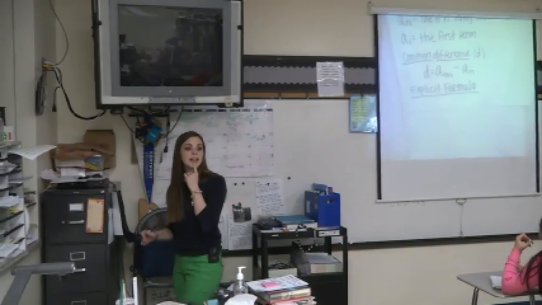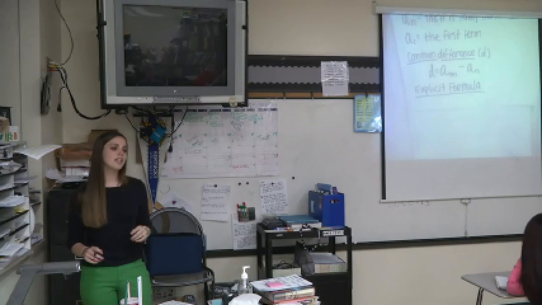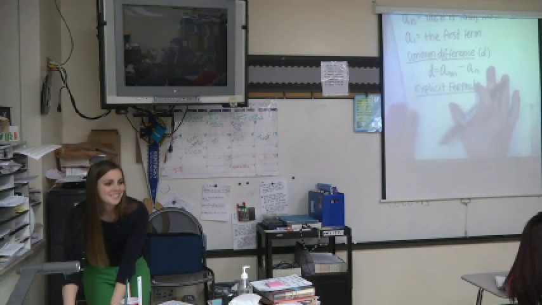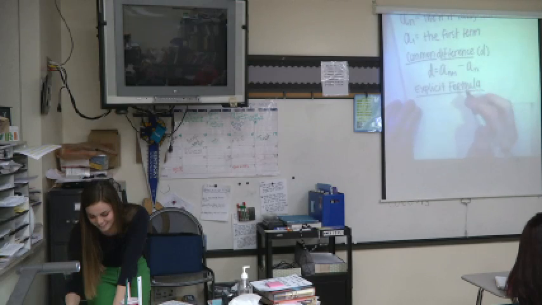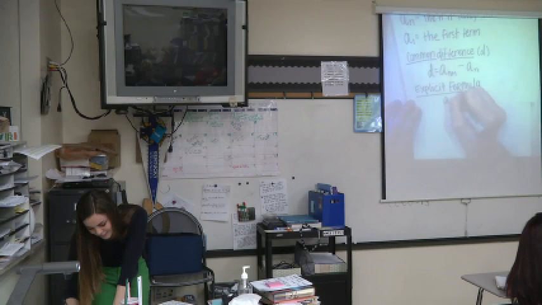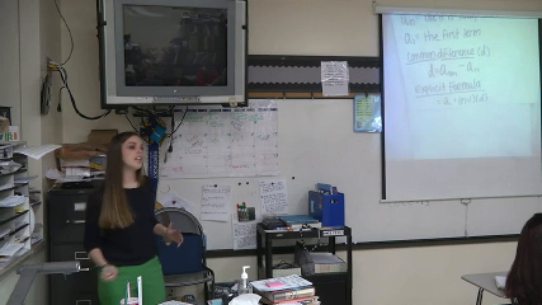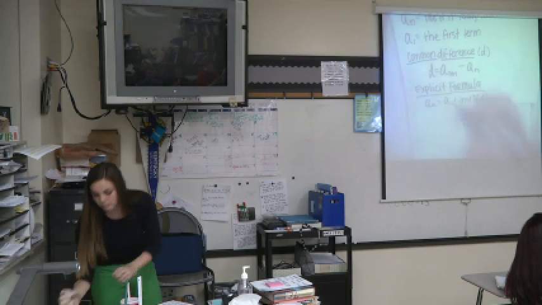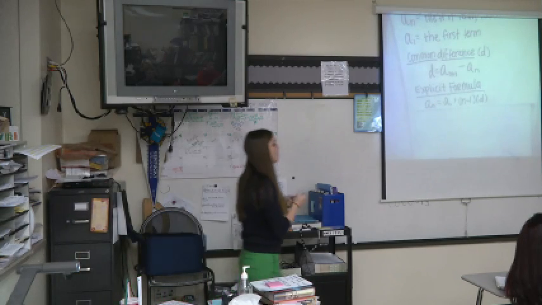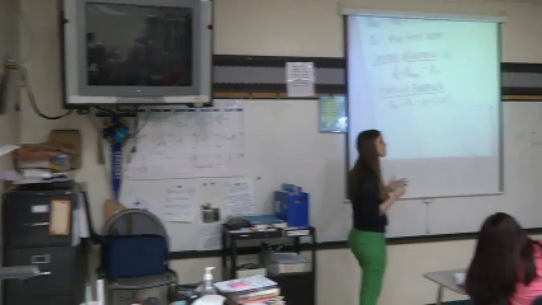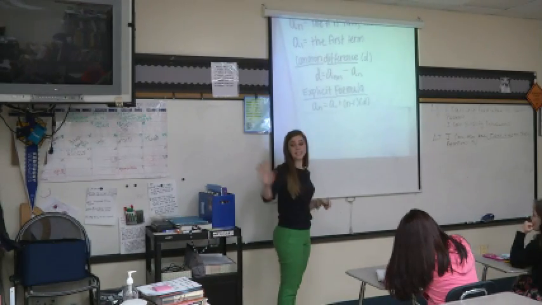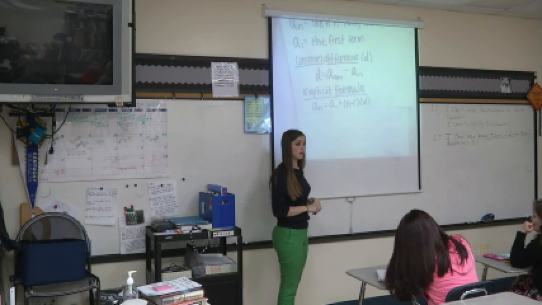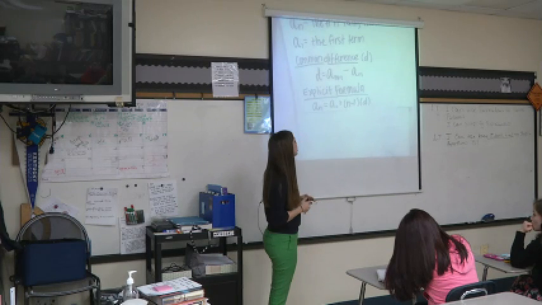So let's see who had it. Okay, Courtney. I know, I promised you. A1 plus parentheses n minus 1 parentheses times d. Good. And how should we notate it? So, A sub n. Very good. And everybody can fill out these equations. You did it in the very beginning, right when we were first getting terminology.